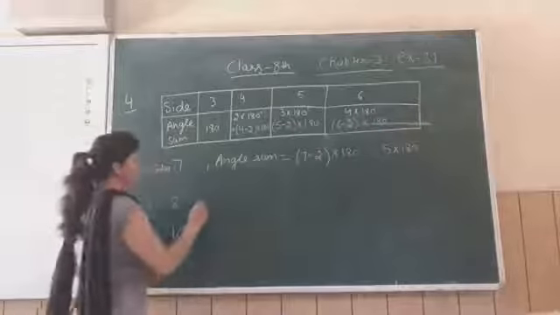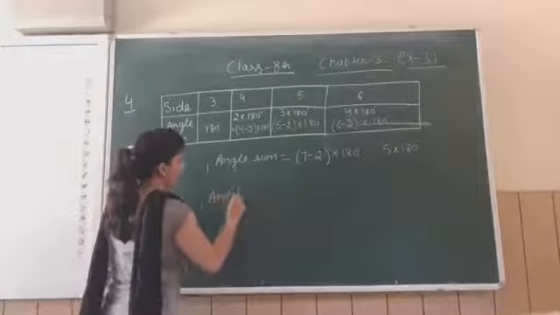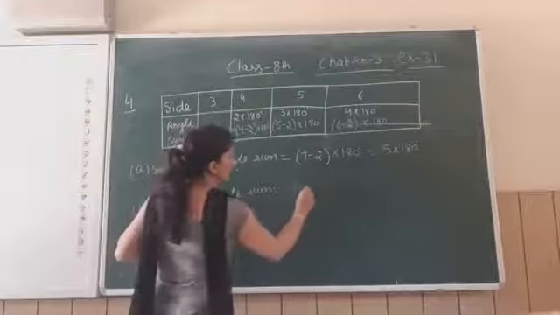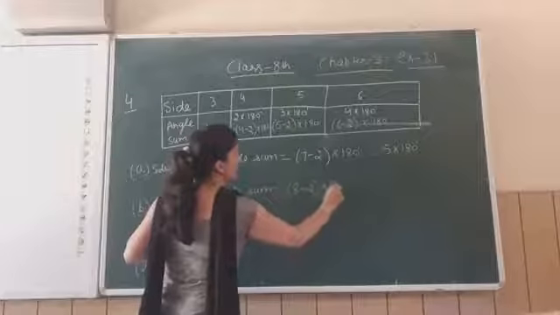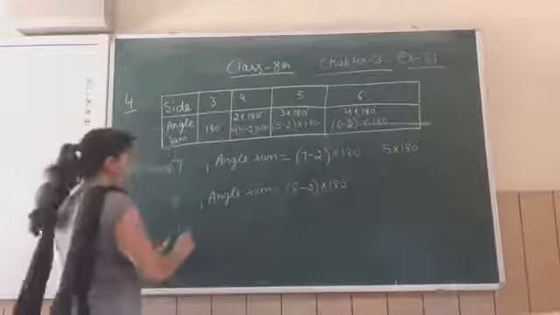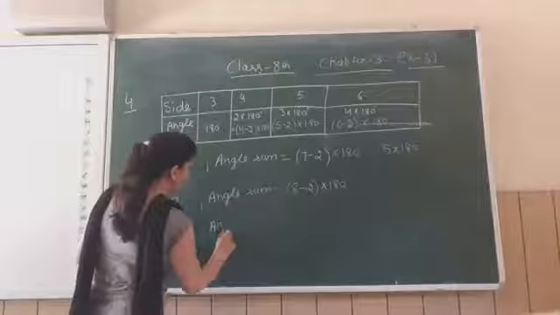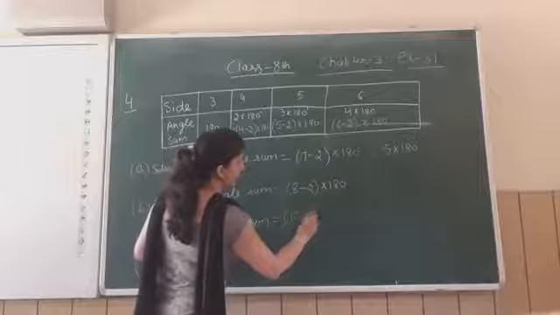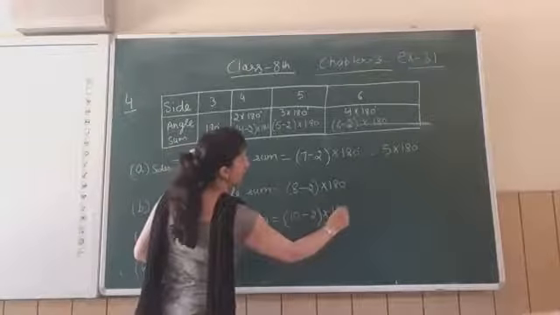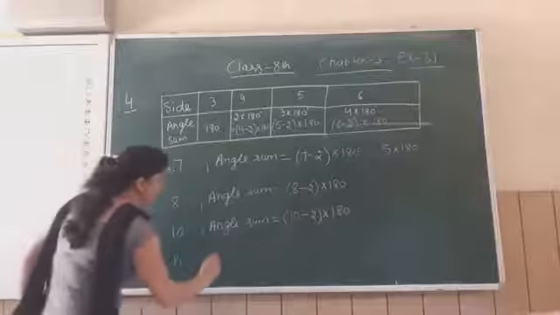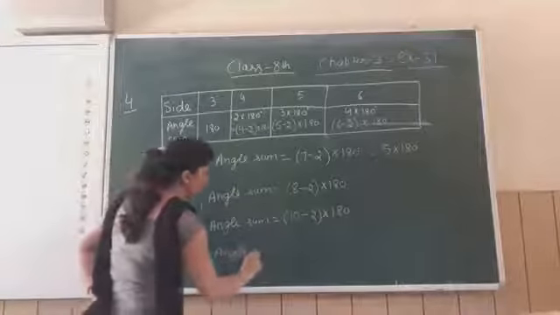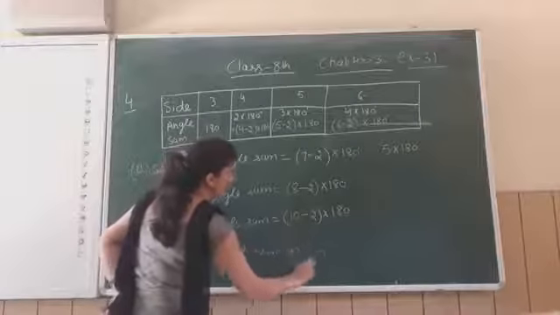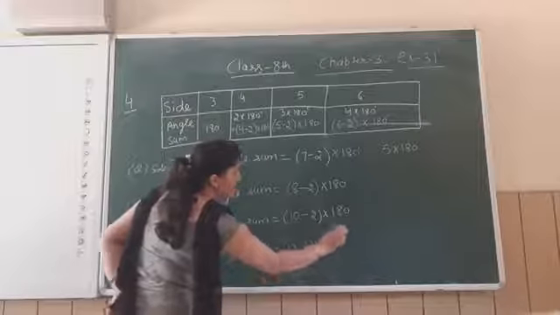Now come to the next. What will be the angle sum? Sides are 8, so 8 minus 2 multiply 180. Sides are 9, so the angle sum rule is the same: 9 minus 2 multiply 180.